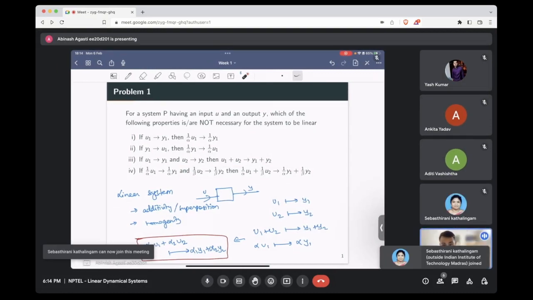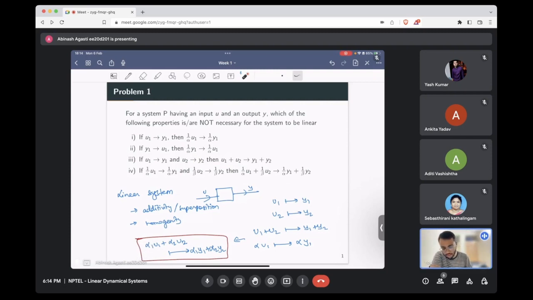We were discussing the first question, which essentially says which of the following properties is not necessary for the system P to be linear given inputs U and Y. Let's start with option one. U1 gives Y1. The particular system, when you give the input U1, the output received is Y1. Is this condition necessary for the system to be linear?